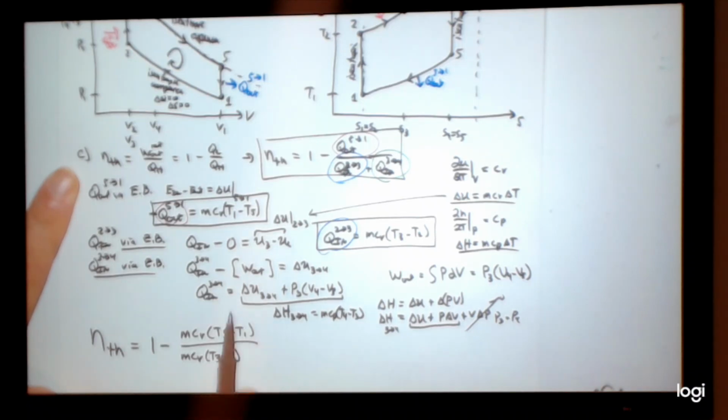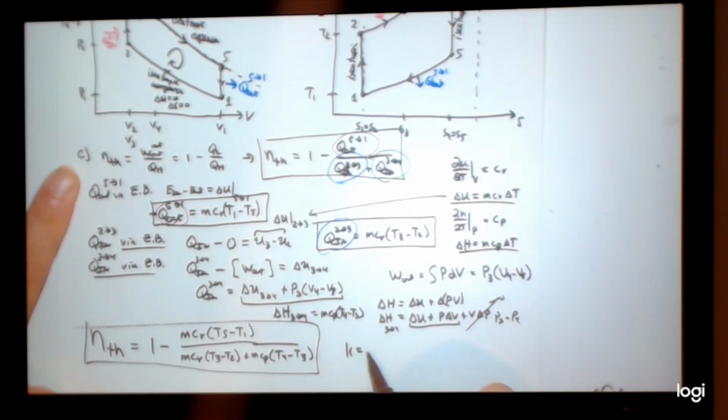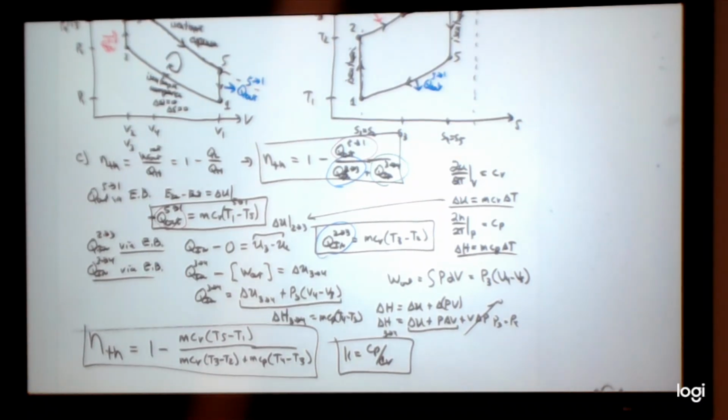And then I got an mCp (T4 minus T3). And I can do this, and then I know that k equals Cp over CV, and then I can play around and do some algebra, divide by mass, my masses come out of this side, right? And then I can do a ratio, and I can put a k in there if I want it, and rewrite it using k instead of Cp's and CV's, and that's typically what is done. But I'm not going to do that algebra, it's just the next step.